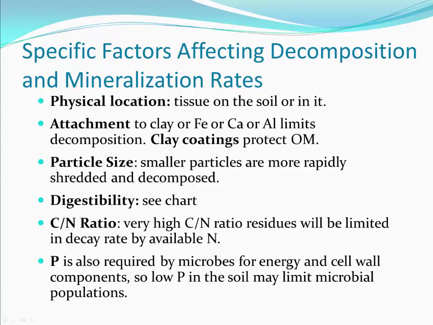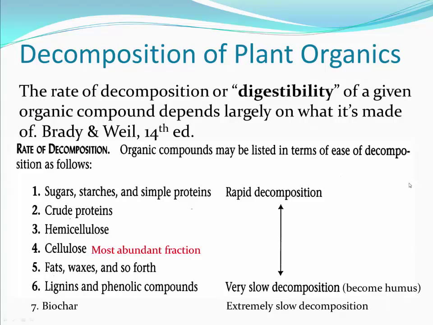Well, here's the chart that we talked about, and it lists the digestibility of organic compounds. And so the most easily and rapidly decomposed are the ones at the top of the chart: sugars, starches, simple proteins. And they increase through crude proteins, hemicellulose, cellulose, which again was the most abundant fraction, right? 42% of the organic material is cellulose.